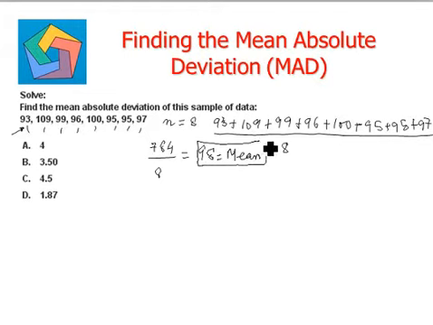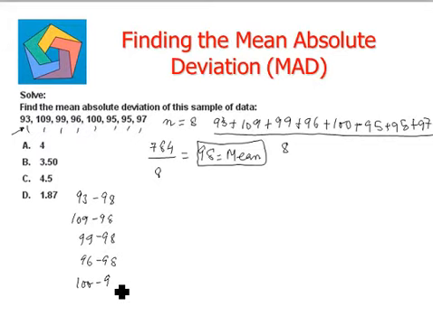Now what will we do? We'll be subtracting the mean from all the values given in the sample set. First we'll calculate and then take the absolute. That is 93 minus 98, 109 minus 98, 99 minus 98, 96 minus 98, 100 minus 98, 95 minus 98, again 95 minus 98, and 97 minus 98.